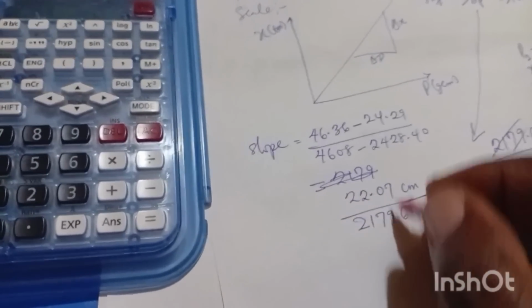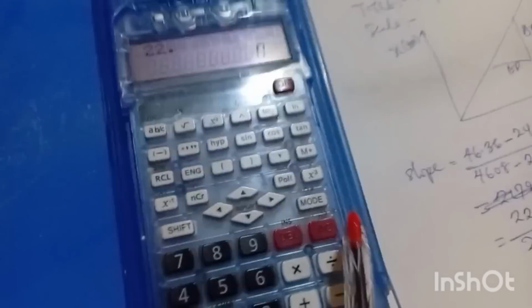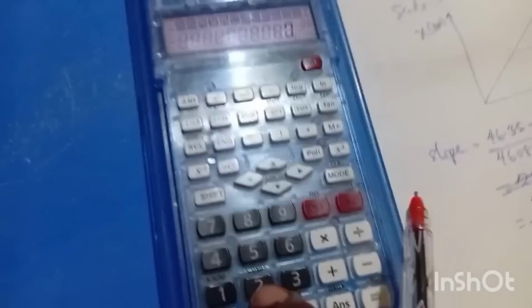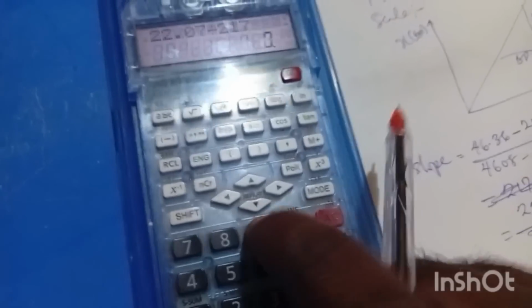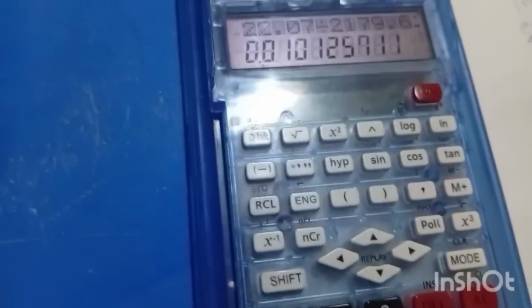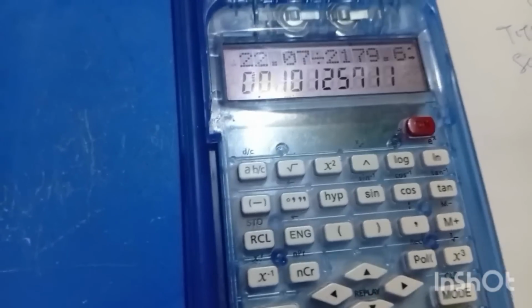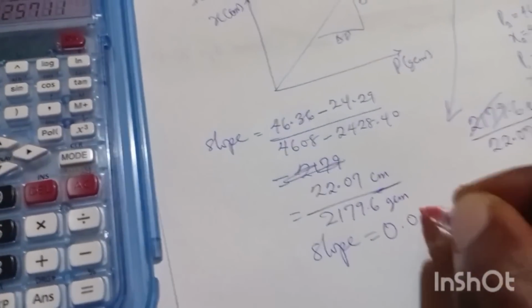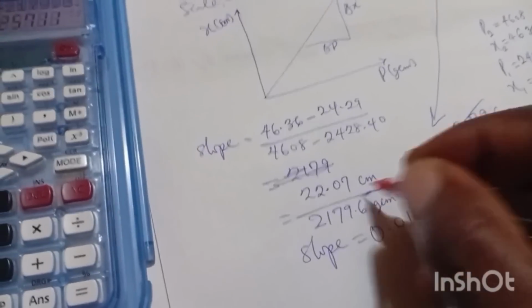Hope you are following. Physics is very sweet. 22.07 divided by 2179.6, I got 0.01. That is, my slope is 0.010.